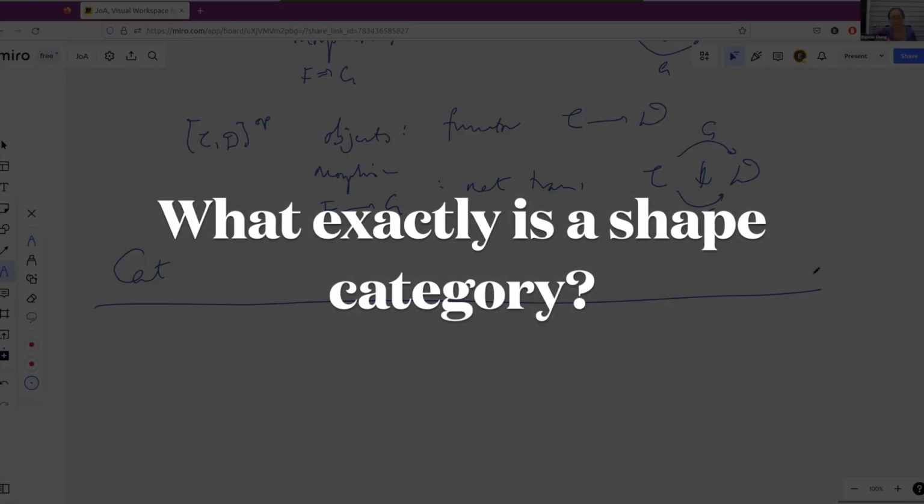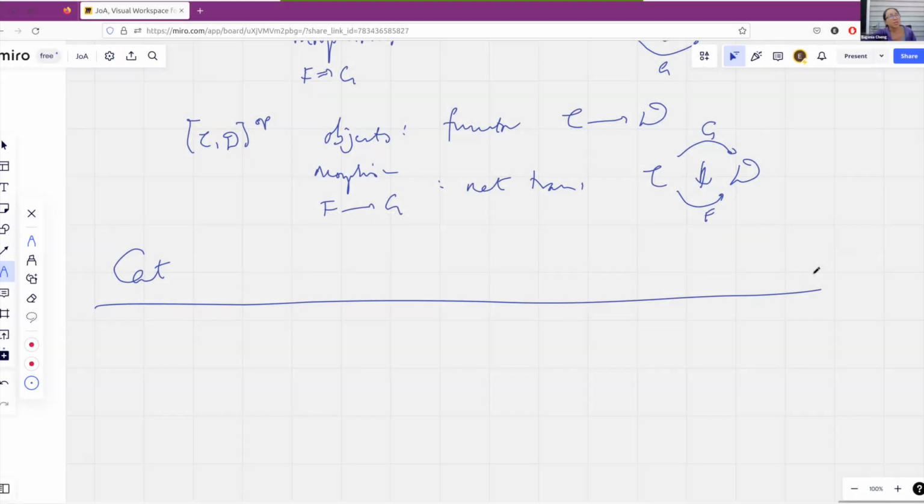Another question says, what exactly is a shape category? Well, it's true, I don't think I really defined it anywhere, but it's more of an interpretation. It's not a technical definition, because every time we've made a quintessential category like this, then we can find diagrams of this shape inside any other category by making a functor to this category.